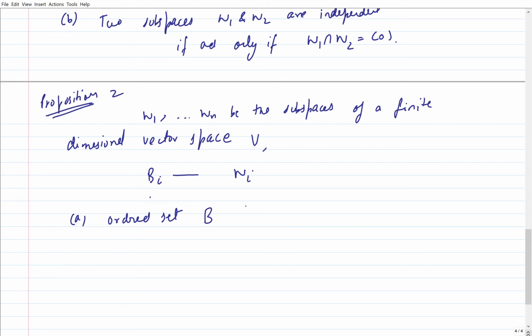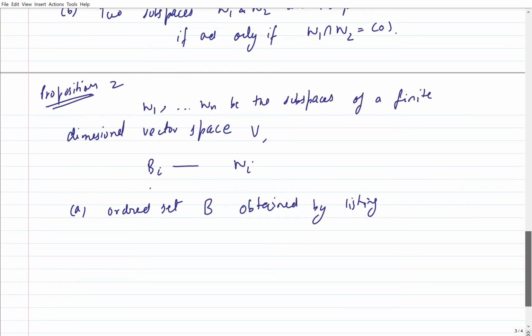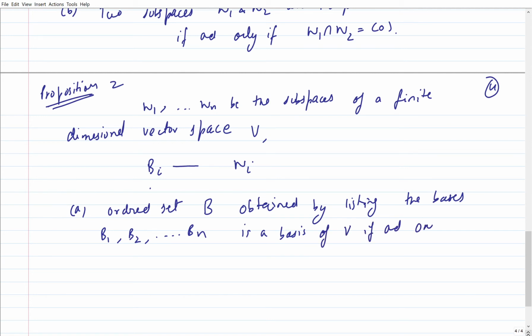The ordered set B obtained by listing the bases B1, B2, ..., Bn is a basis of V if and only if V is the direct sum of the Wi.